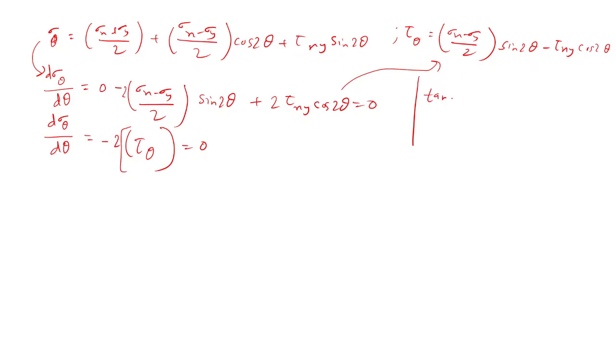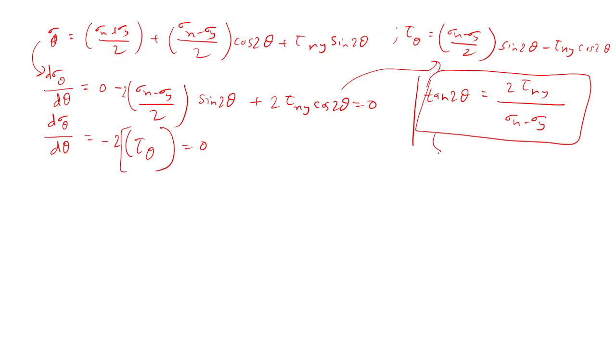Here what will come? Tan 2 theta is equal to 2 tau xy by sigma x minus sigma y, right? This is the plane for maximum or minimum normal stress.